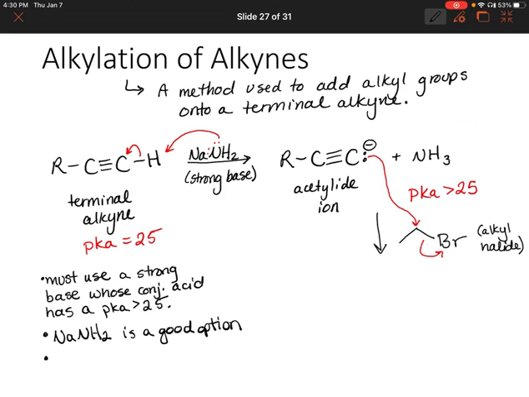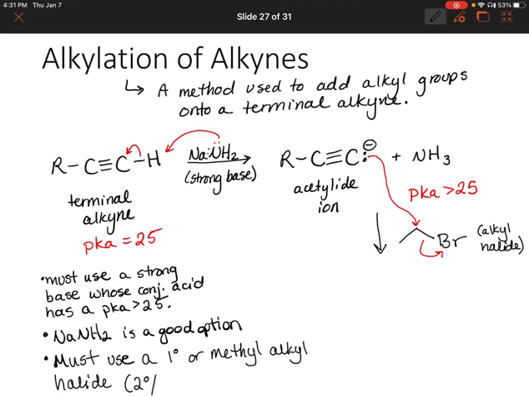So let's just make a note of that as well. So we must use a primary or methyl alkyl halide because secondary or tertiary will favor E2.